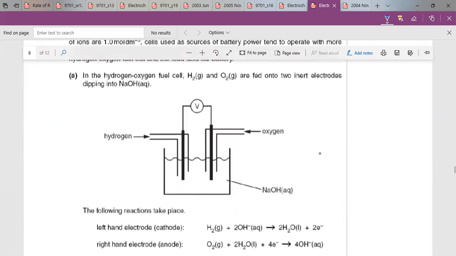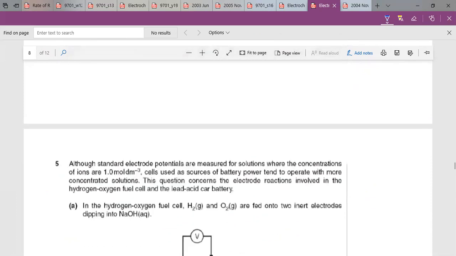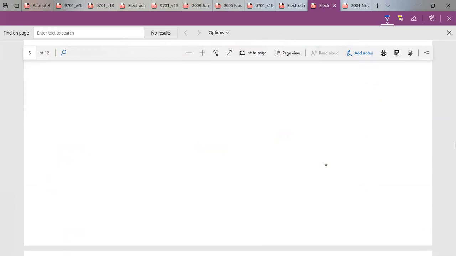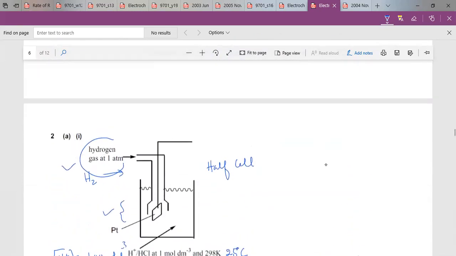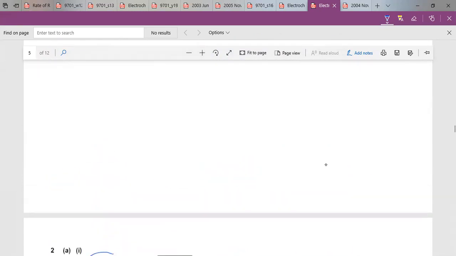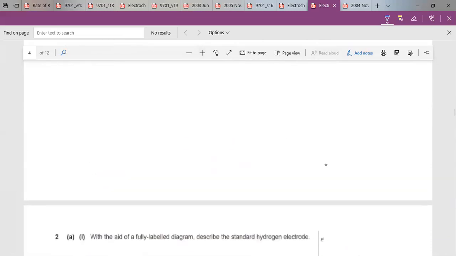See, oxygen and hydrogen in alkaline. So don't care what they give you, as long as you know your basics, you'll be safe. Now let's go to here. Remember, it's all gas, non-metals, with the ions.